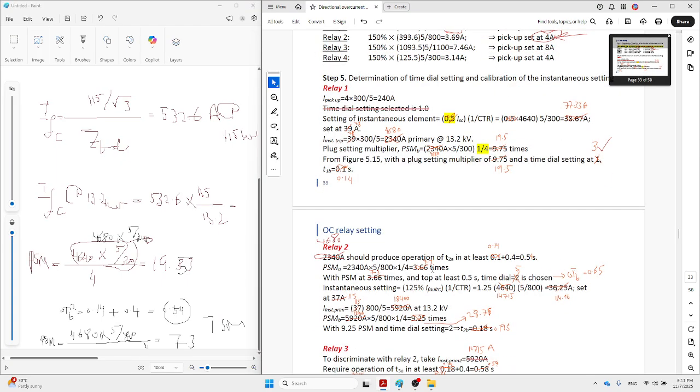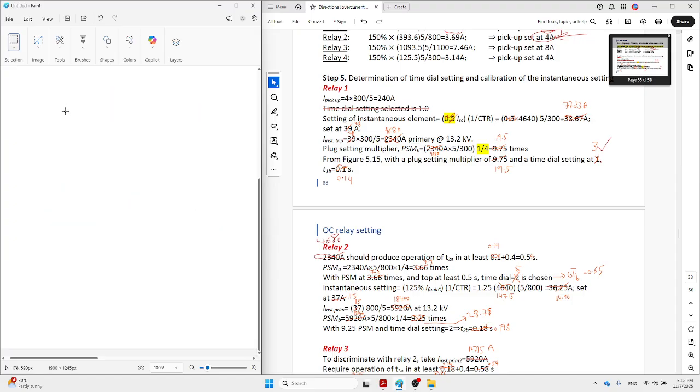Okay. Next one, since we chose the TDS, or time setting multiplier, for this one as 5, let's find out the fault current value when the fault occurs just after this bus, close to bus number 2 or relay number 2.